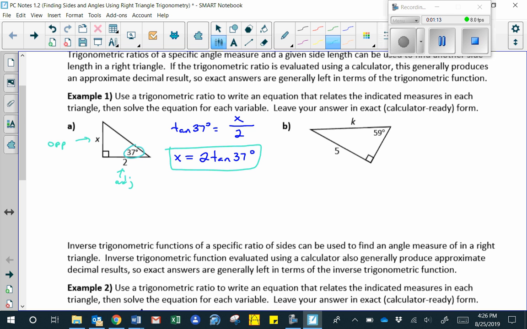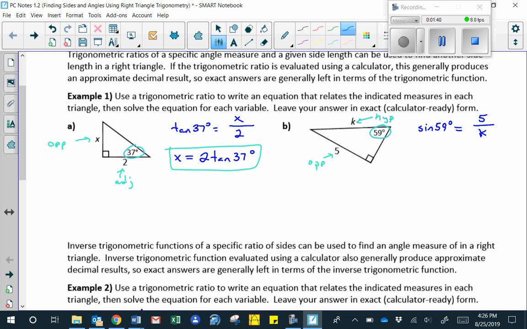In B, we have a 59-degree angle, we have 5, which is opposite to it, and we have K, which is the hypotenuse of that right triangle. So we can set up a sine ratio, or a sine function. Sine of 59 degrees is equal to 5, which is the opposite, over K, which is the hypotenuse.